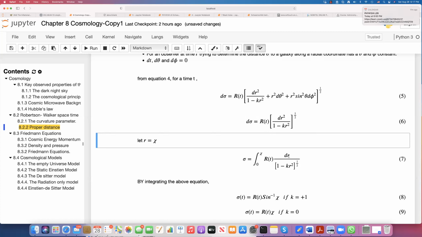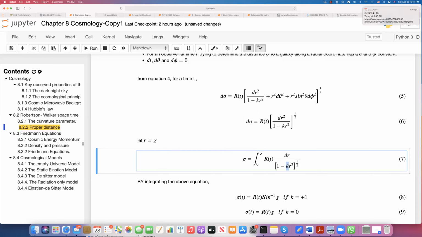So if you do the integration, here is this curvature parameter k. Now this k can have three values, +1, 0, or -1, as I have pointed out earlier. So there should be three cases here, for the three values.